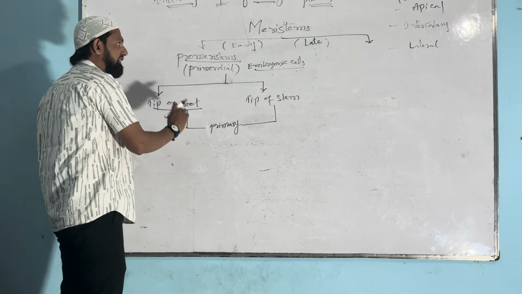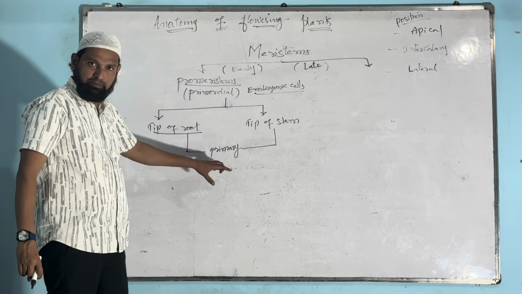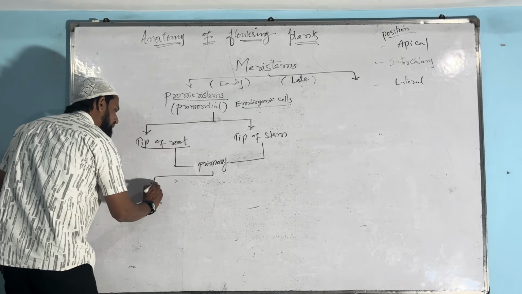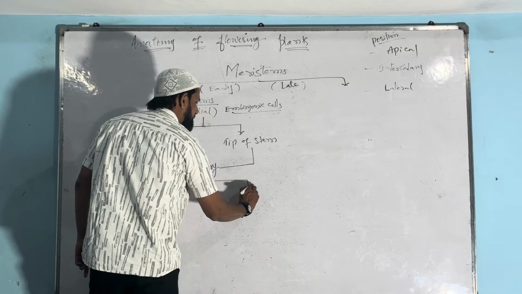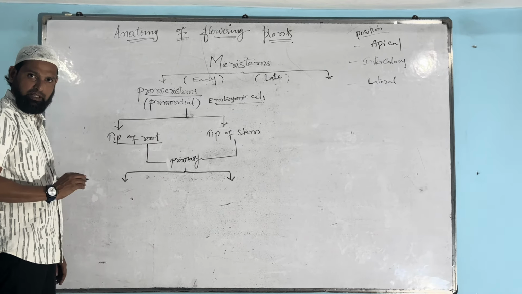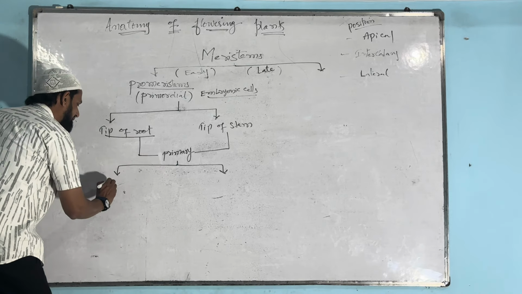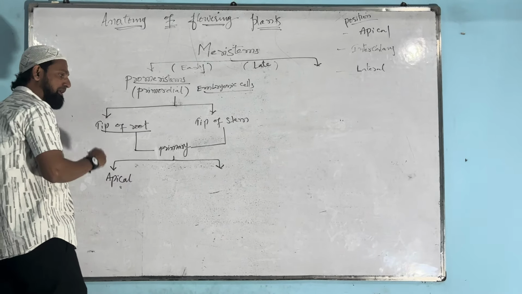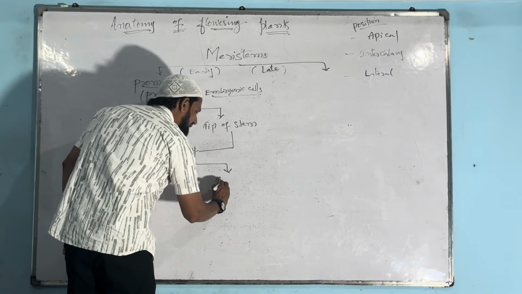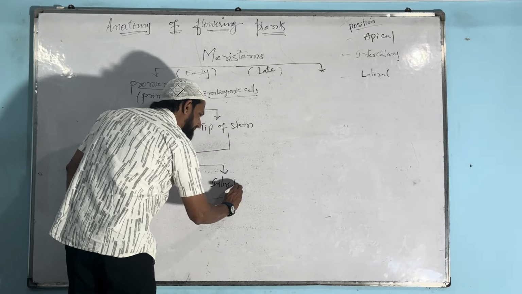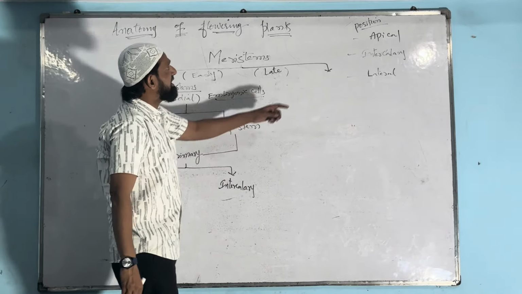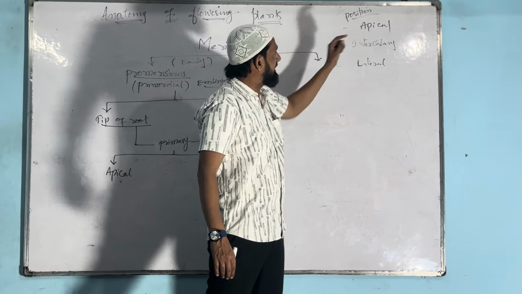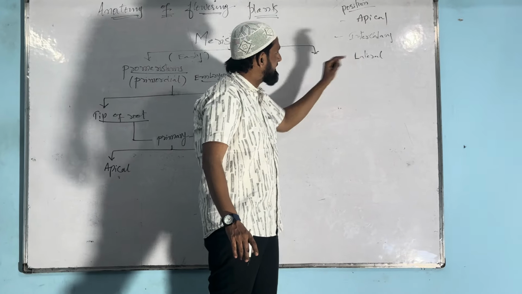So the promeristem gives rise to the primary meristem, and the primary meristem gives rise to apical, and to intercalary. How many words have I written on the board? Three. Based on position: apical, intercalary. One more is left, that is lateral.